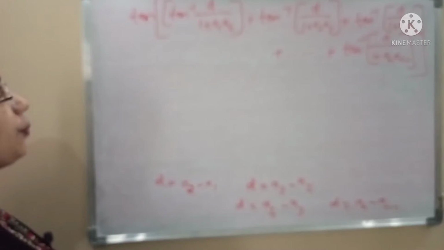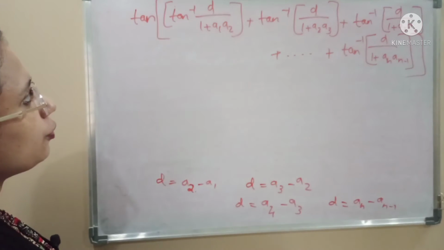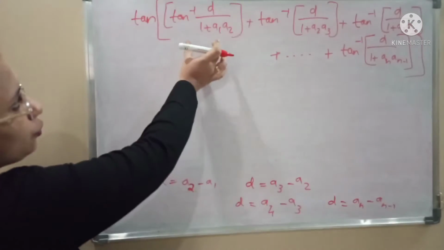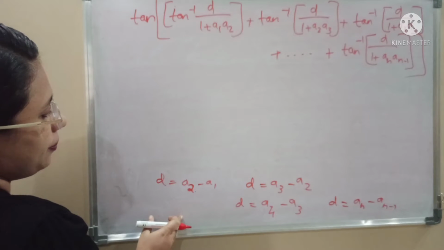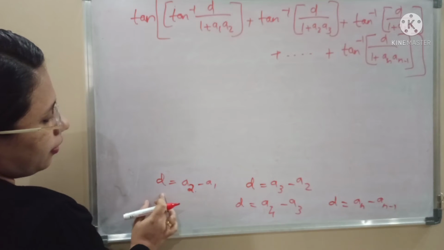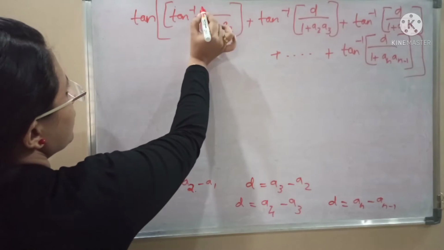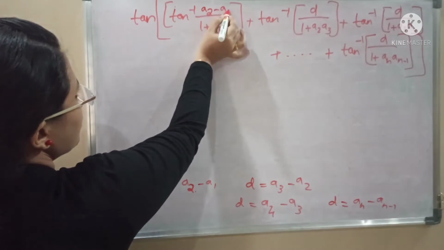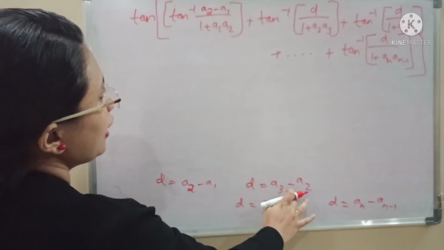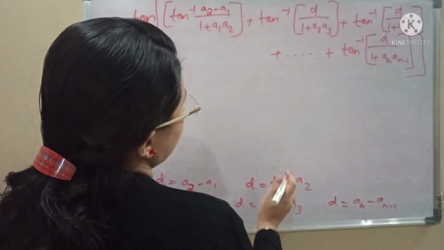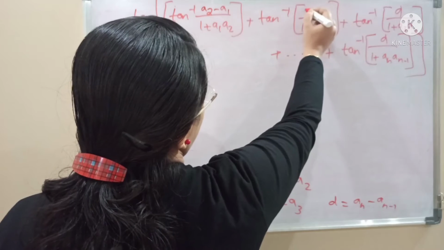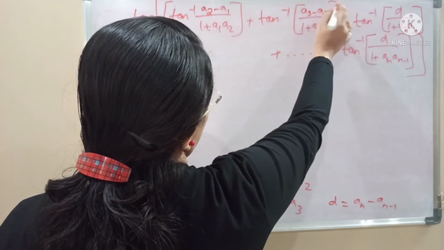Okay, so d for a1 a2, the common difference will be a2 minus a1. So let's substitute that. Now for a2 and a3, it will be a3 minus a2.